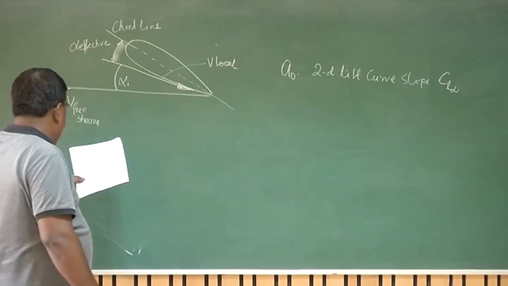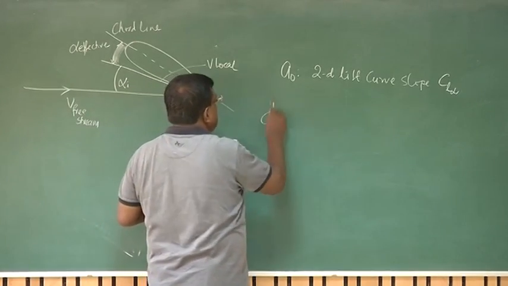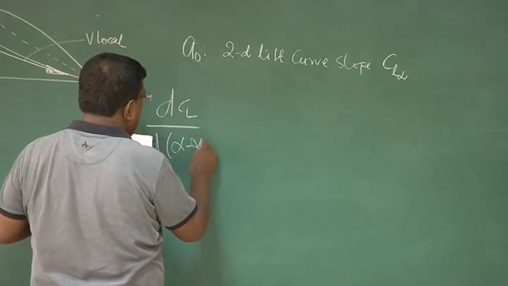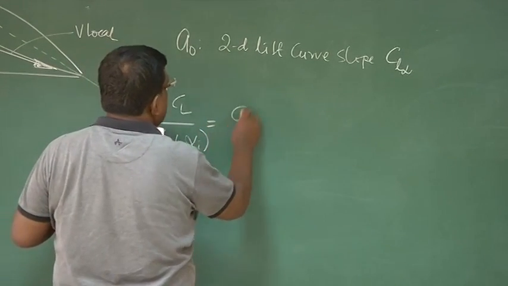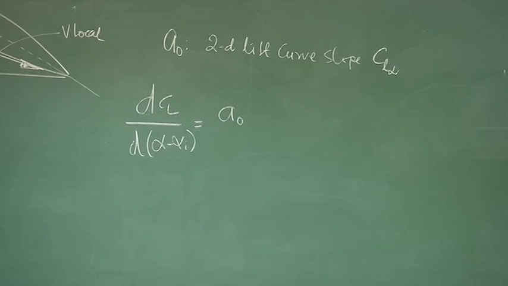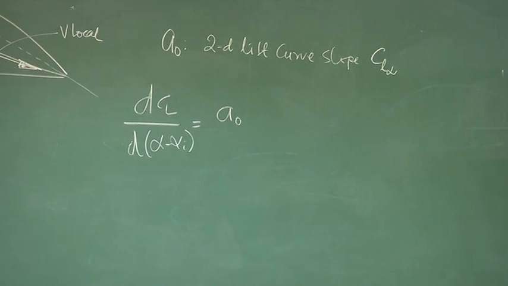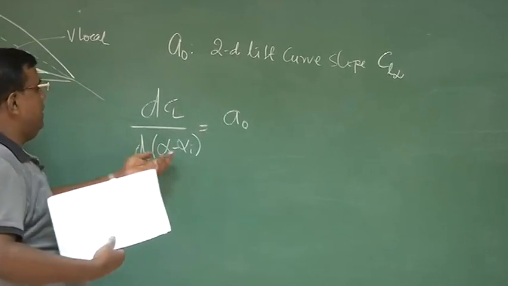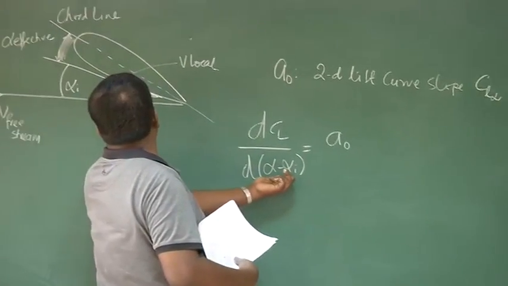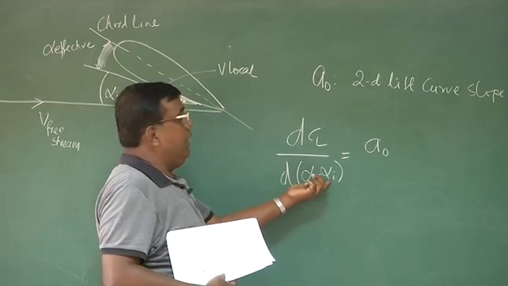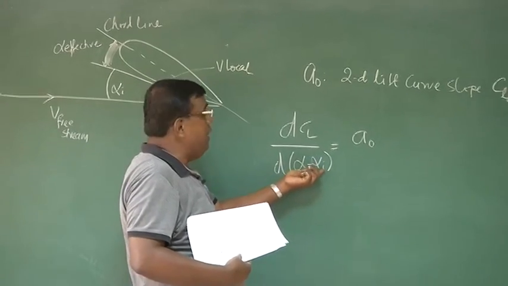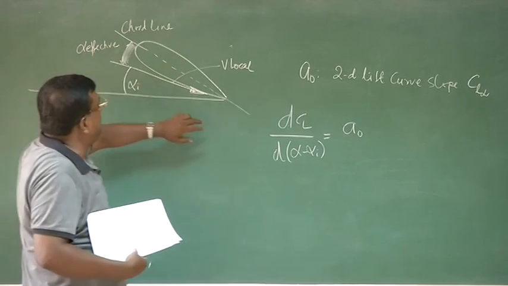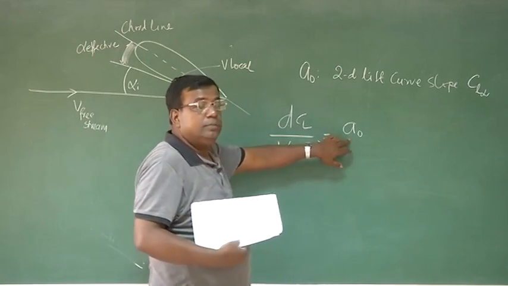So if I now write dCL by d alpha effective, that is alpha minus alpha I, this should give me A0, because I have taken alpha I out of the angle. This slope, when I am writing CL versus alpha effective, which doesn't have alpha I, the effect is taken out, we are talking about only this. So this should be A naught.